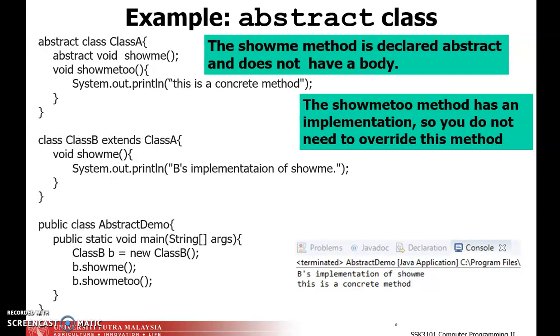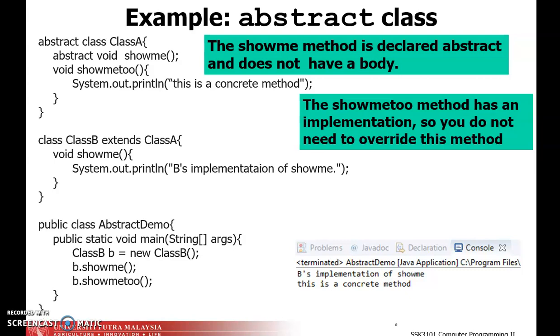Now we move to our first example. The following program illustrates three classes. One is an abstract class called class A, and the other two are concrete classes called class AbstractDemo and class B. As we look properly into the program, class B is a subclass of class A, which means class B inherits class A. Class A is declared as an abstract class and consists of one abstract method called showMe and one concrete method called showMe2.